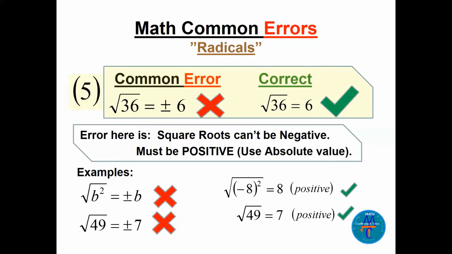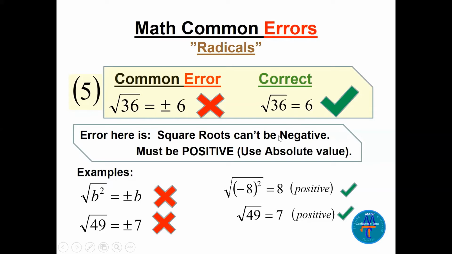Okay, let's see another common error I have observed. If you have something like square root of 36, many students will say plus or minus 6. That's completely wrong. The correct answer is only plus 6.